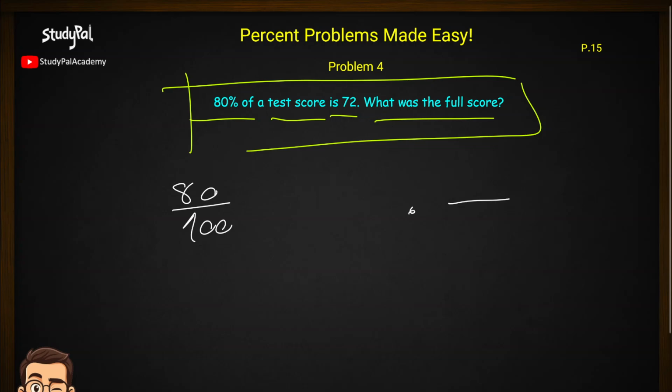So 80% of the score is 72. Let's call the full score x. 80% of it is 72. What was the full score? Again, I bet you can solve it really quickly, so I'm going to leave it for you.